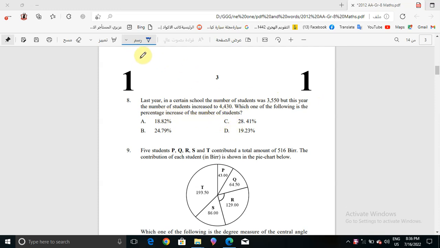First of all, the formula of percentage increase is equal to the actual change over the original quantity, all of them times 100.